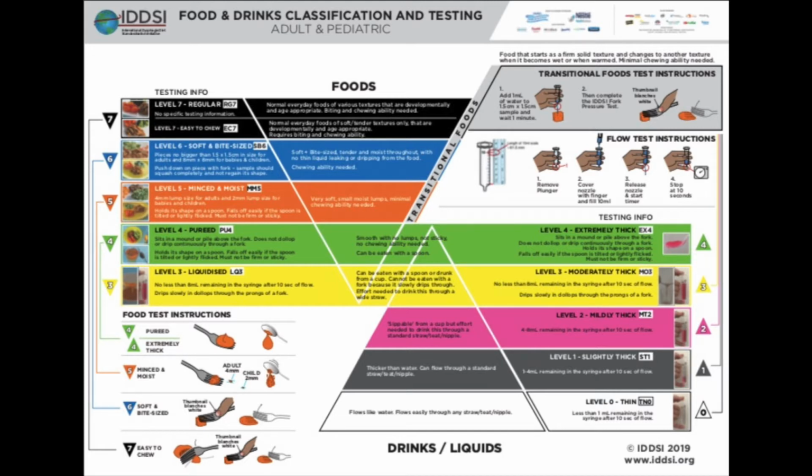we have 5 levels. We'll start with the lowest level, which is level 3, and this level, the consistency of the food is liquidized. For testing information measures, you need to know that in this level, you won't have less than 8 millimeters remaining in the syringe after 10 seconds of flow.